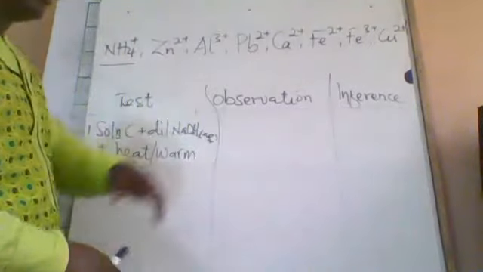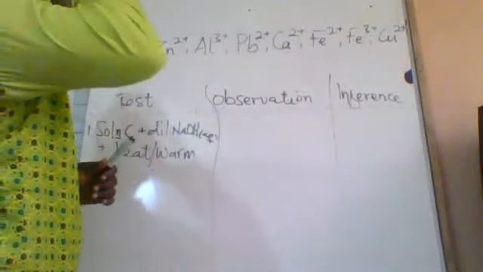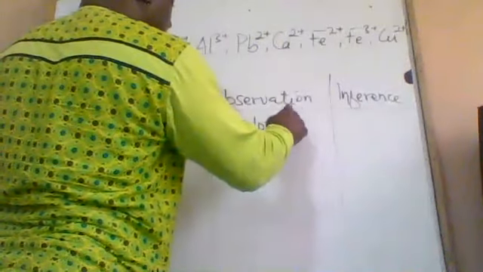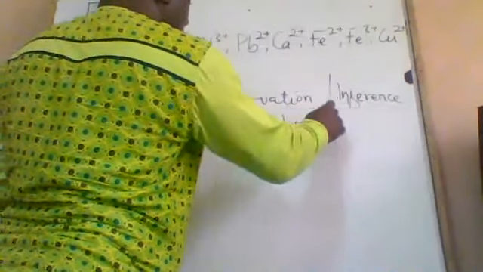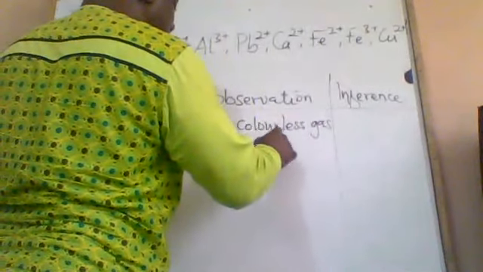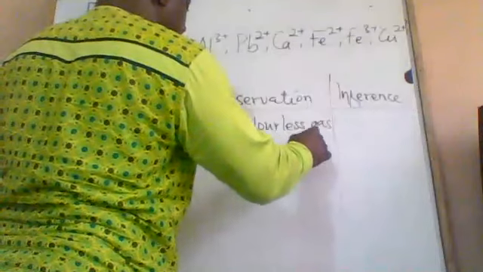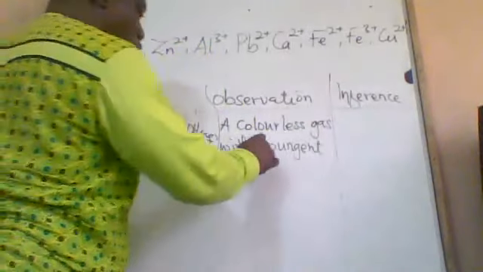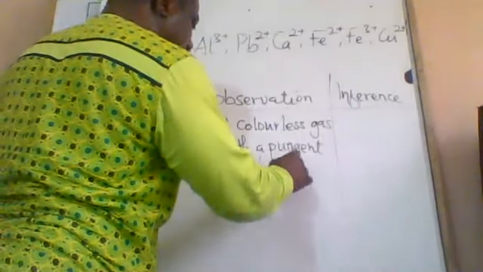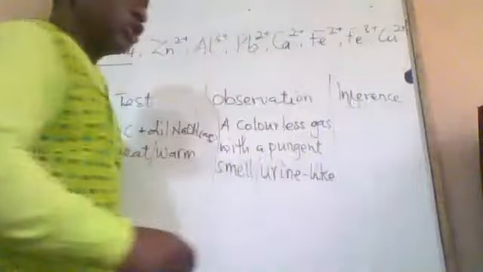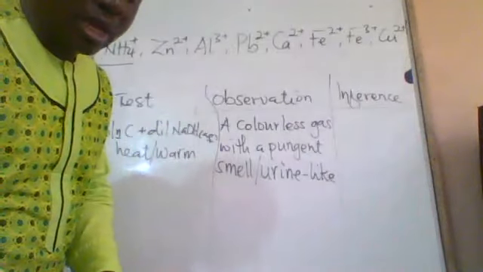So under the observation column, it will be recorded that a colorless gas with a pungent smell, or if you like, urine-like. It smells like urine.